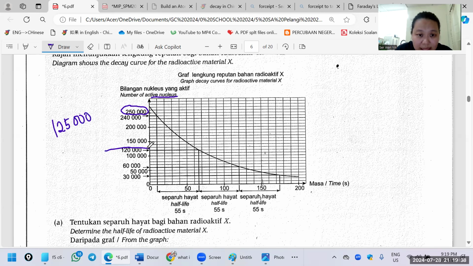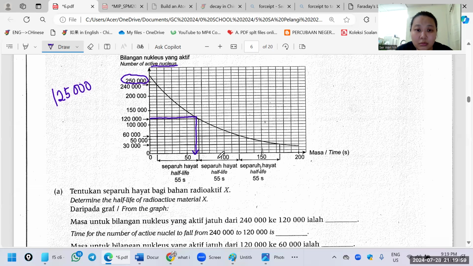So we draw a line, touch the graph, and go down. So it's around 1, 2, 3, 4, 5, 6. So it's around 61 or 62.